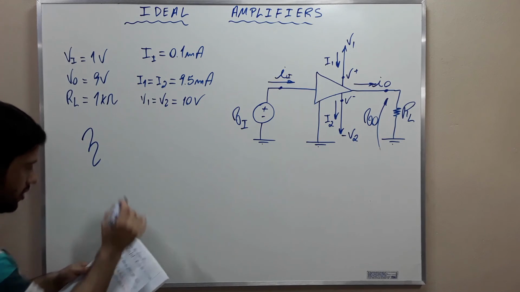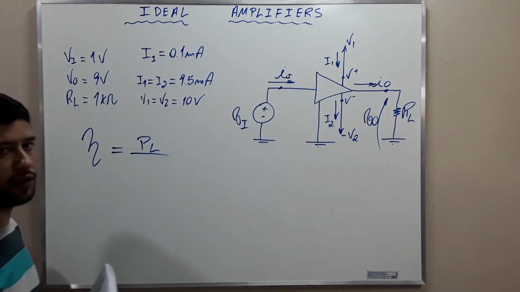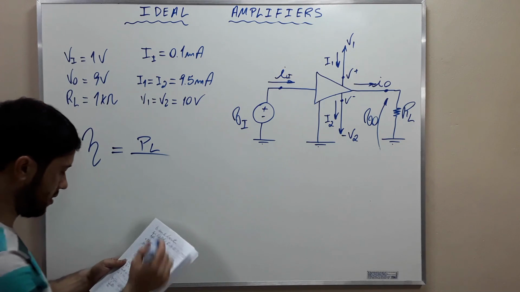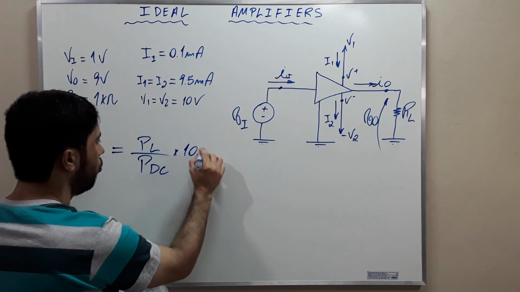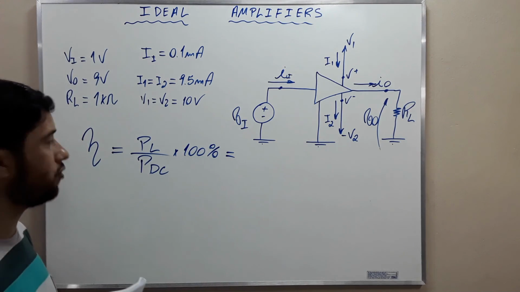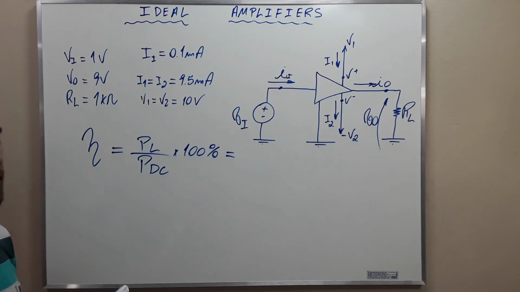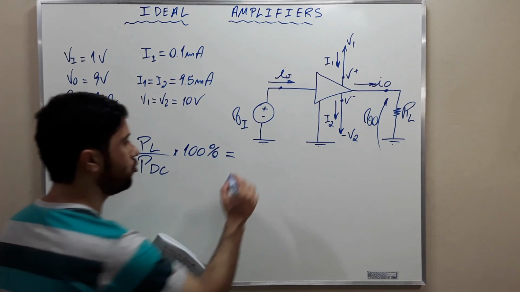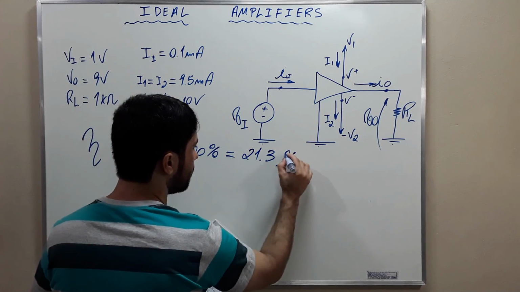The efficiency, by definition, is the power delivered to the load divided by the DC power times 100%, and we find this if we use the values that we just calculated. We find it to be 21.3%.